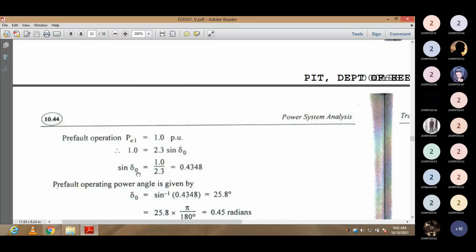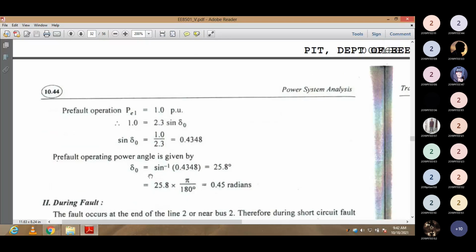Obviously sin del naught equals 1 divided by 2.3, which is 0.4348. To get the angle in degrees, I take the sin inverse of 0.4348, which is 25.8 degrees. Converting into radians, multiplying by pi by 180, it is 0.45 radians.